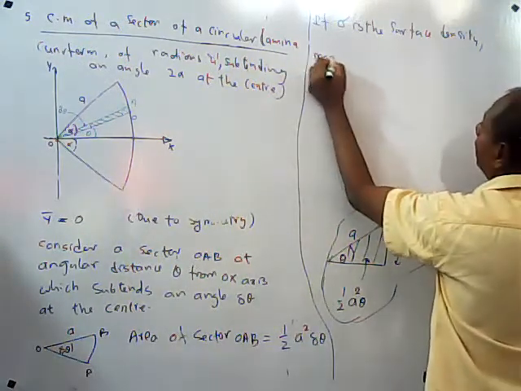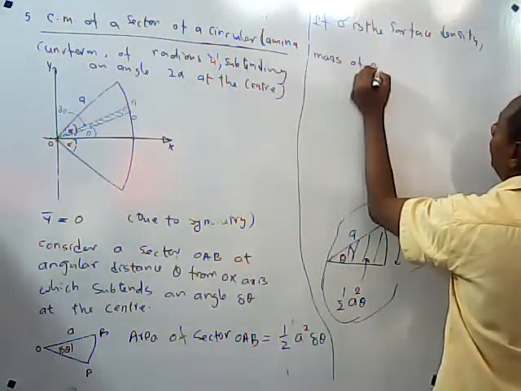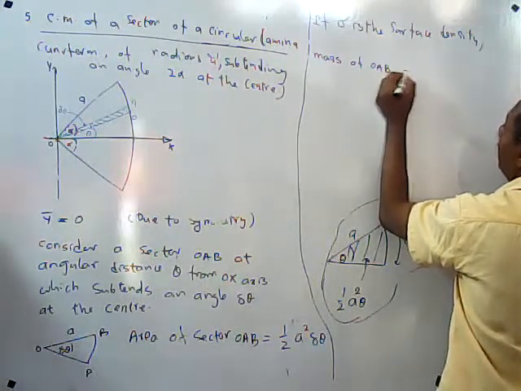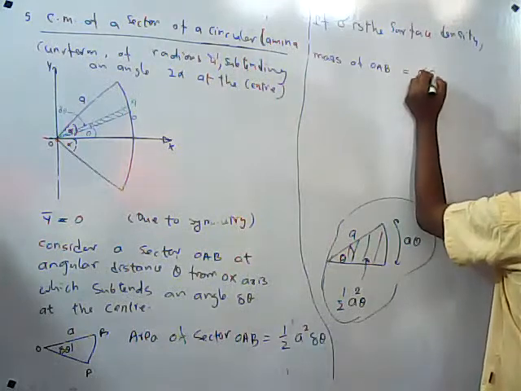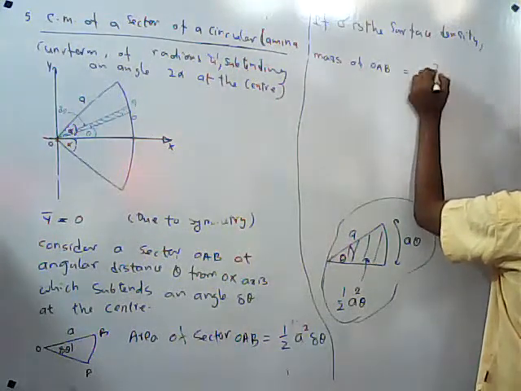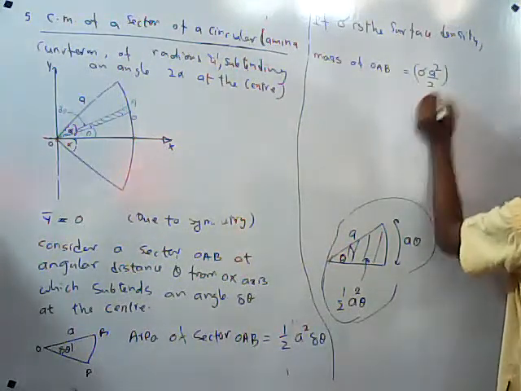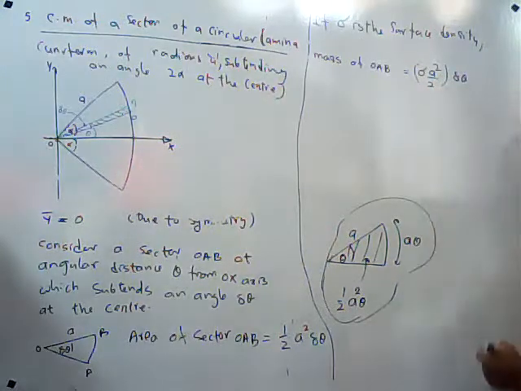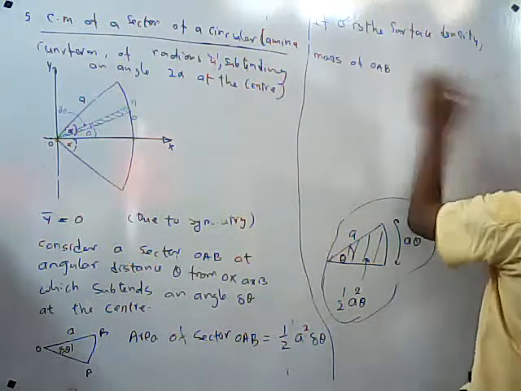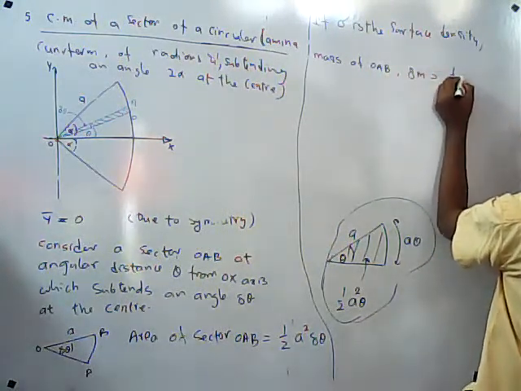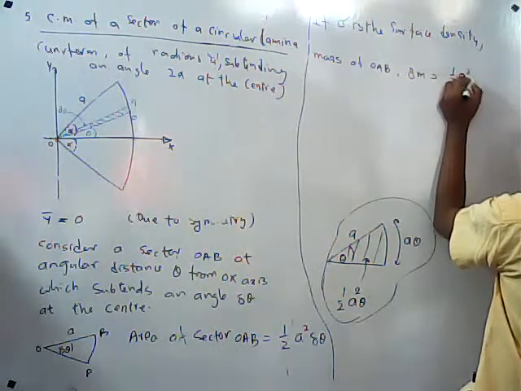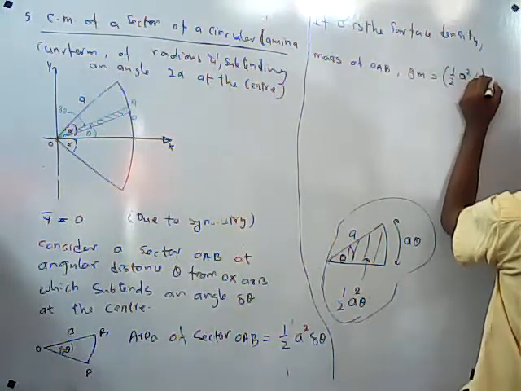Mass of the OAB part: just multiply this by sigma, sigma a squared over 2 delta theta. So delta m equals half a squared sigma delta theta.